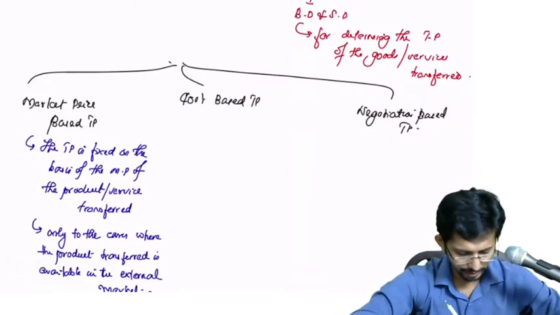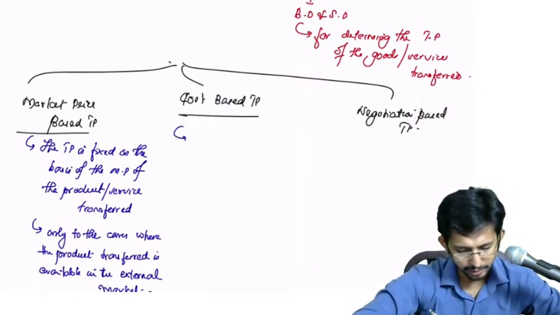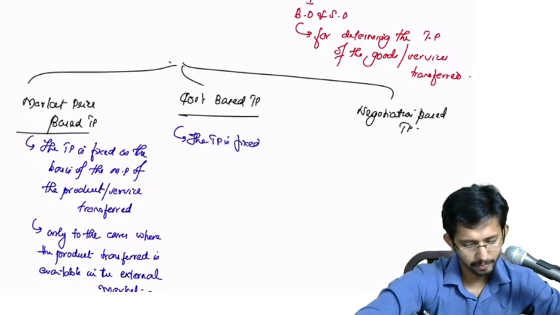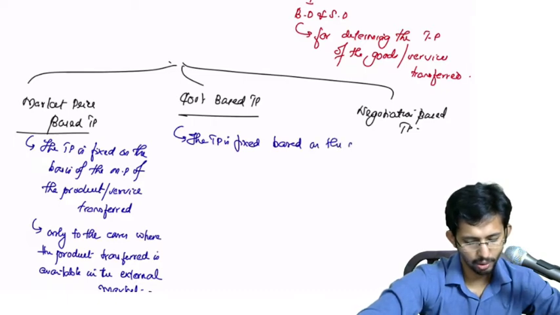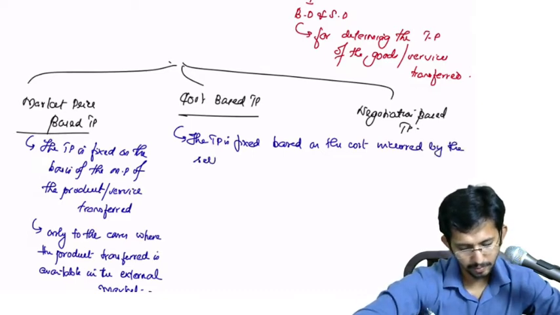Now going forward, next is cost based TP. Okay, and what you do here is the TP is fixed based on the cost incurred by the selling division.